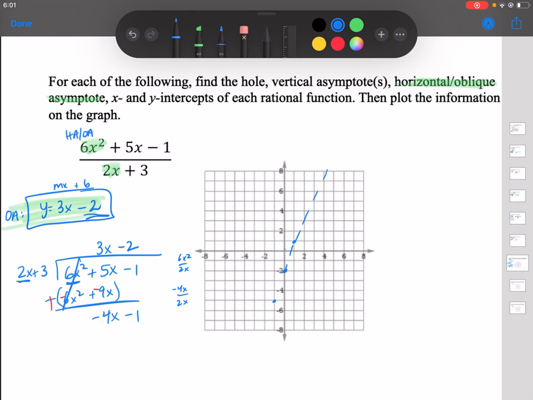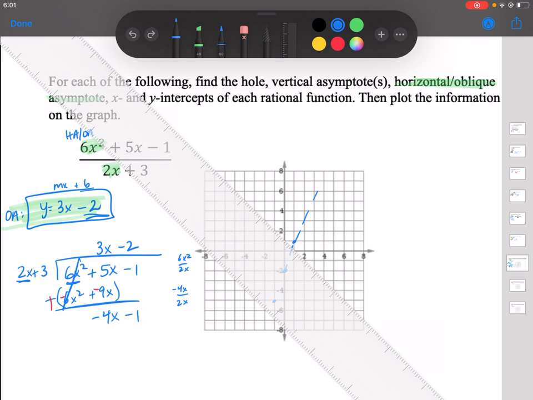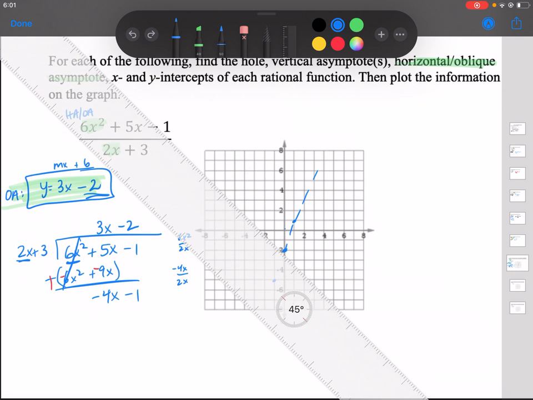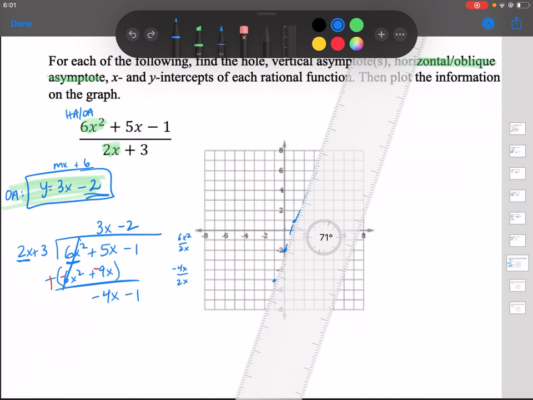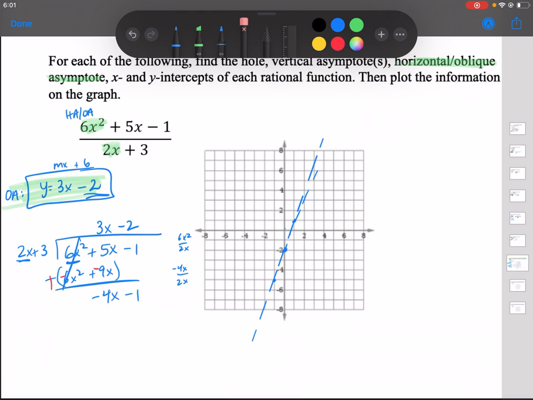And you just go ahead and draw your dotted line, which was not very straight, so let me grab a little ruler here and make that a little better. There we go. Okay, so we've got our line.